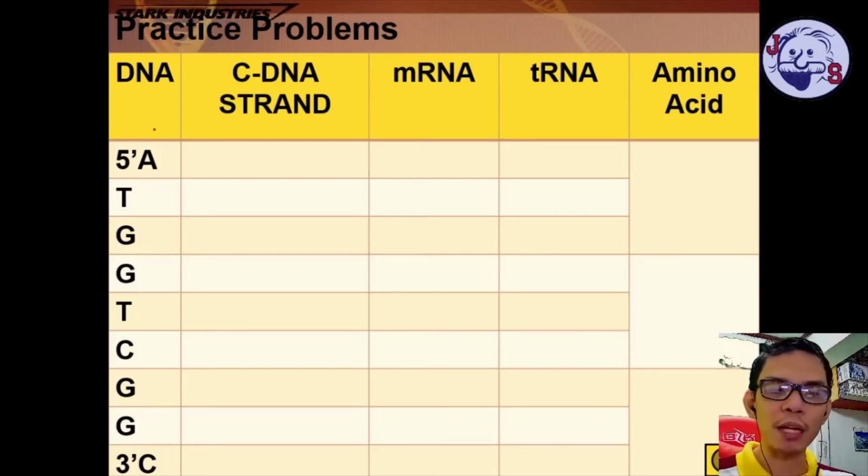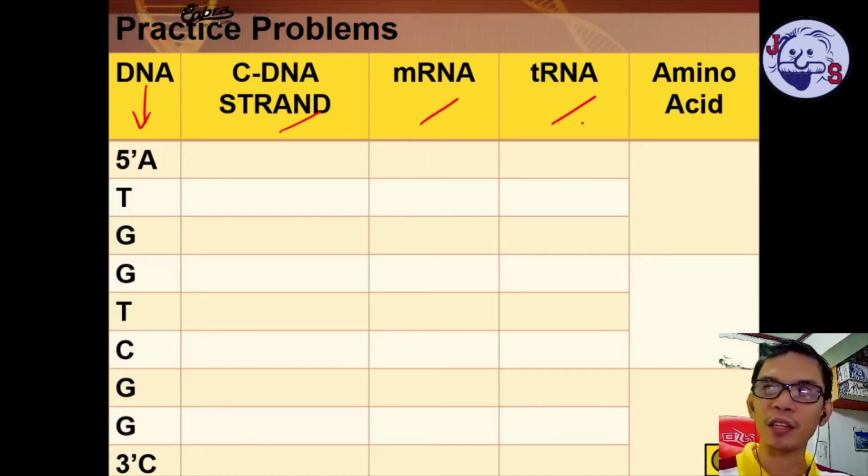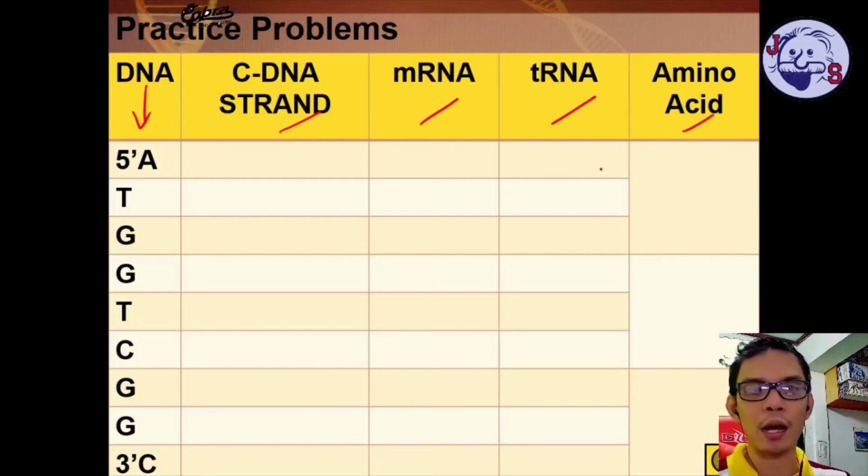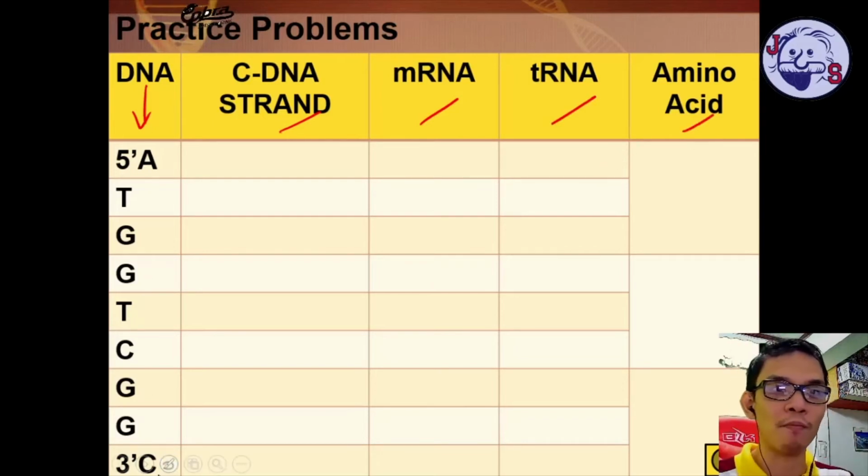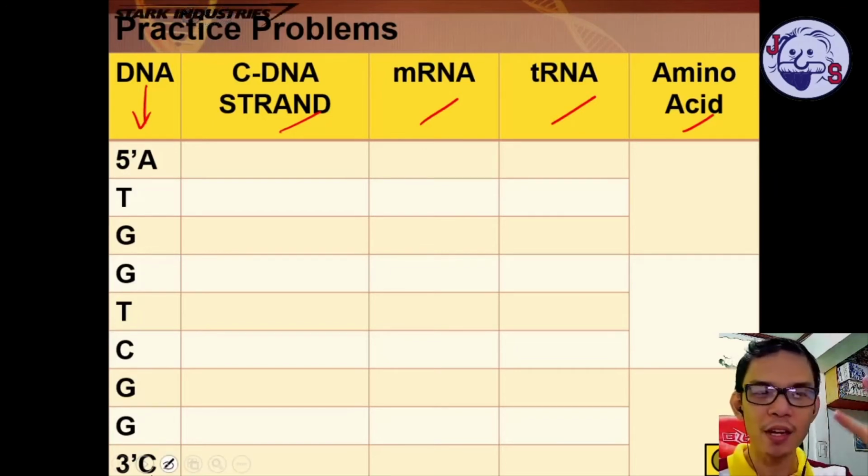In this practice problem, you need to find out the complementary DNA strand of this one, the mRNA, the tRNA, and also the amino acid of the DNA segment that you have over here. Alright, let's try to answer this one.